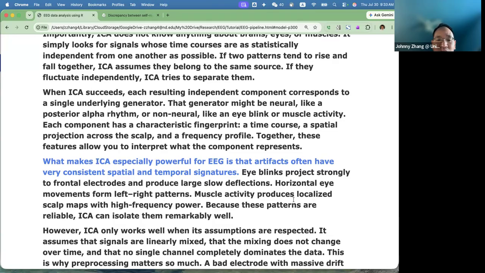The horizontal eye movement will show a left and right moving pattern, right? So each of those source signals has a very clear pattern. Therefore, we can use those patterns to easily identify the components, to identify eye blinks, to identify muscle activities.